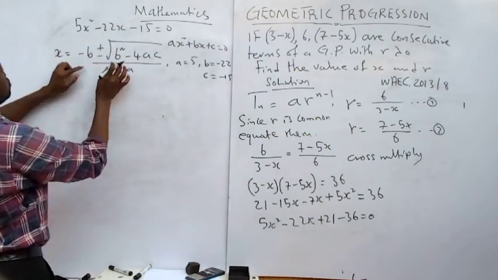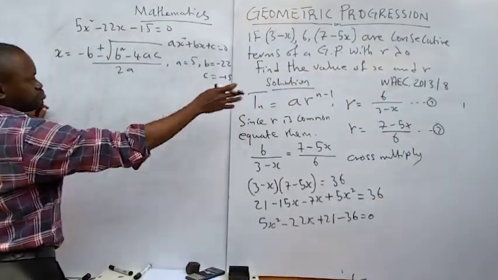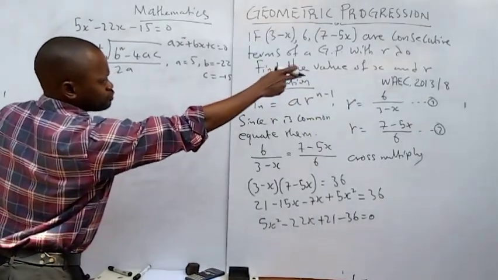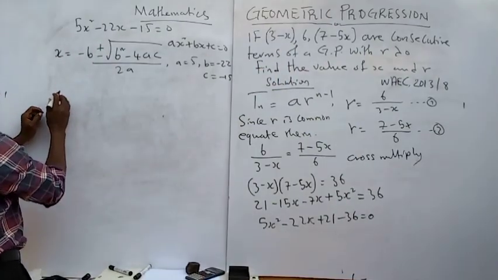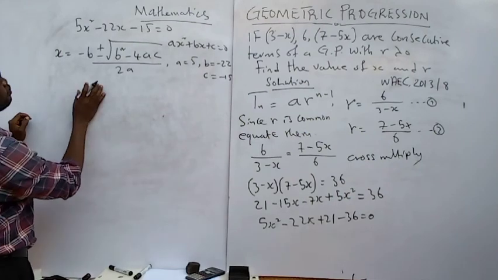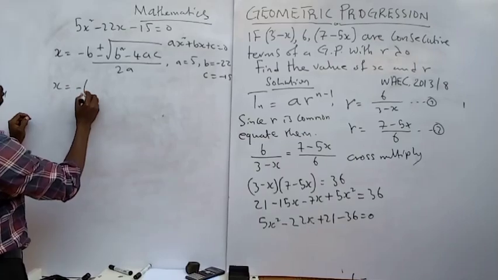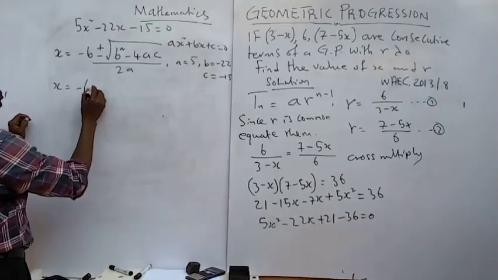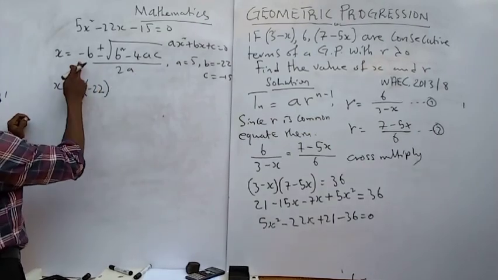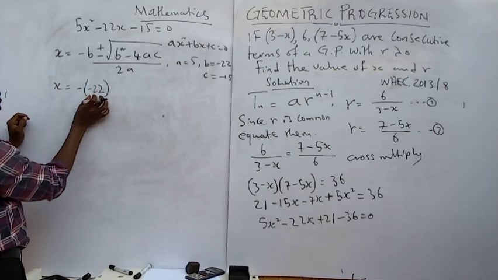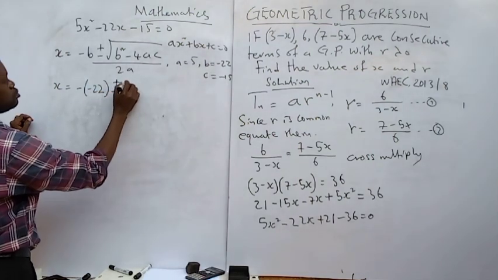So I'm going to substitute them inside here to have my x. You know, they say find the value of x, and the condition that r is greater than 0. So here we go. We will have x equals to minus b, minus into minus 22. Please take note that this minus is from the expression, so it has to be there. You put your minus, the value of b, then plus or minus. Be careful with all these things.